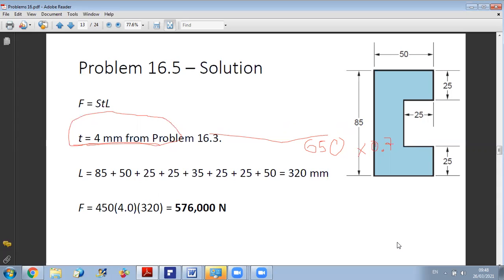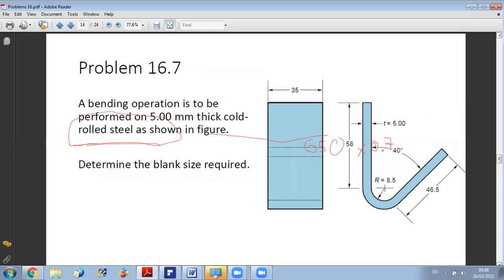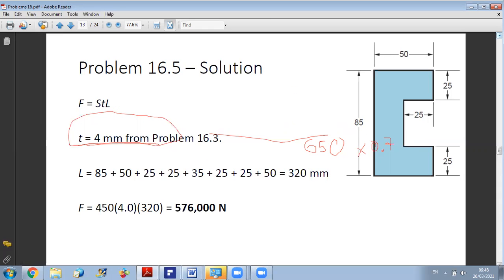Any question on this? So these are the problems for practice on blanking. Next time we will introduce the bending operation formulas and do the practice problems on them. Okay?